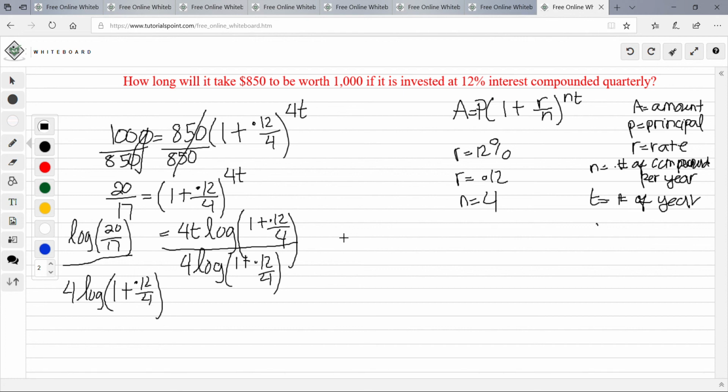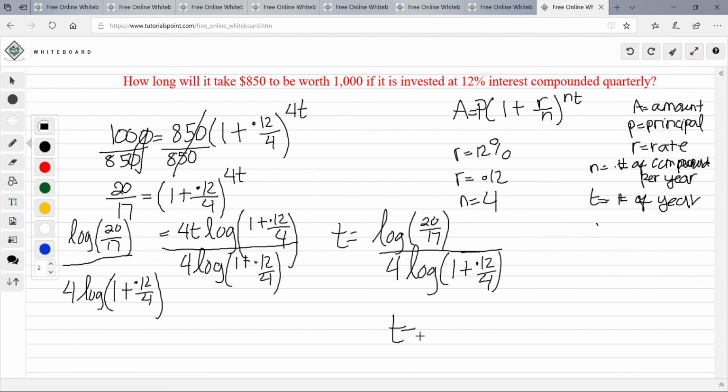So our t is log of 20 over 17 over 4 log of 1 plus 0.12 over 4. And if you were to put it in the calculator, I get t equals 1. So our answer could be this one or this one. And that's it for this section.